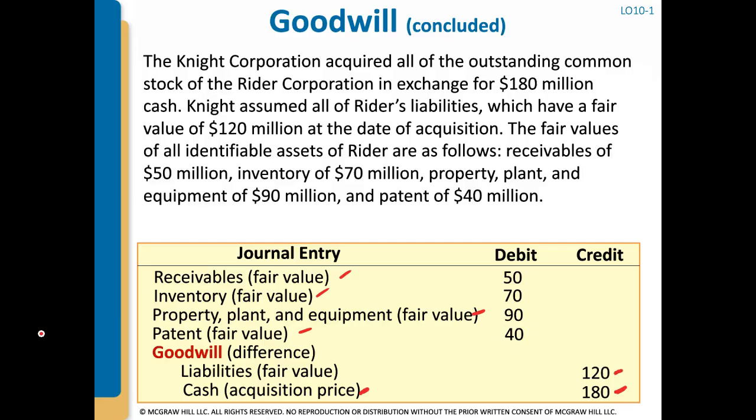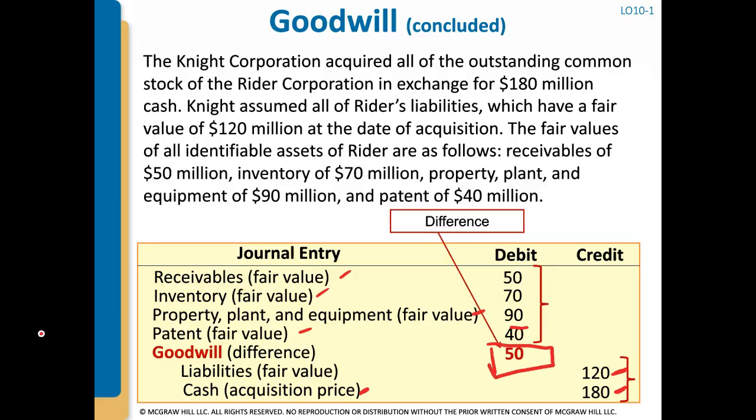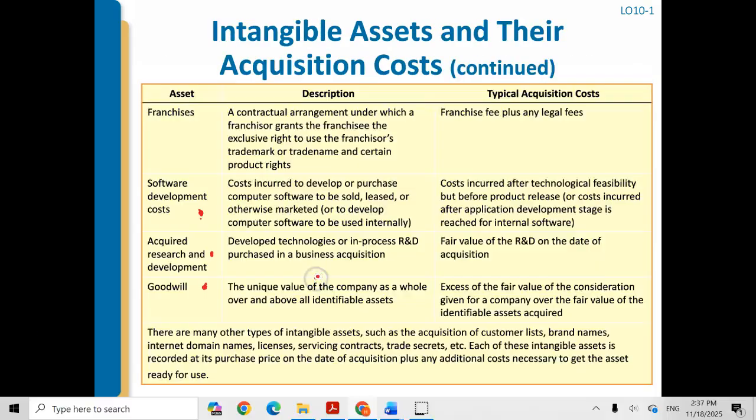We also assume their liabilities, so now it's Knight Corporation's liability that they are obligated to pay. So we have a credit of 120, and then the difference is going to be the $50 million, and it's an asset, so we're going to debit that asset, and it's going to be part of our intangible assets.